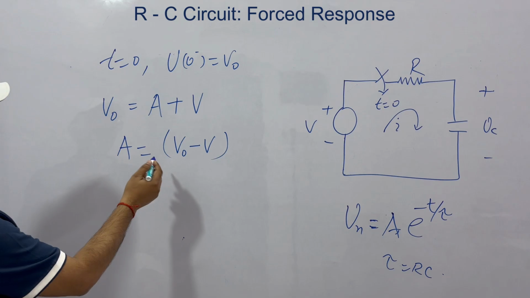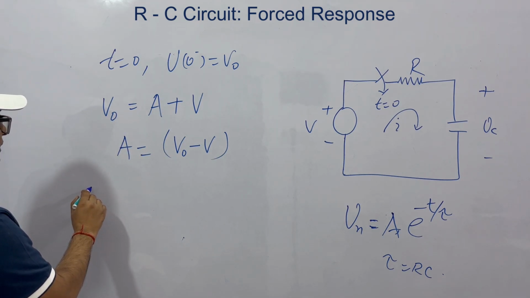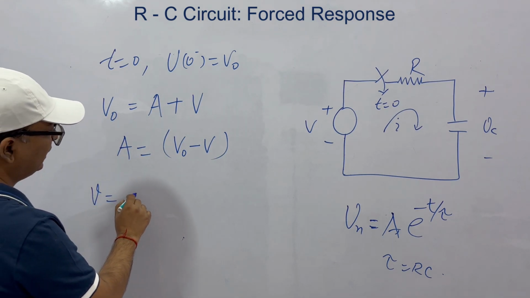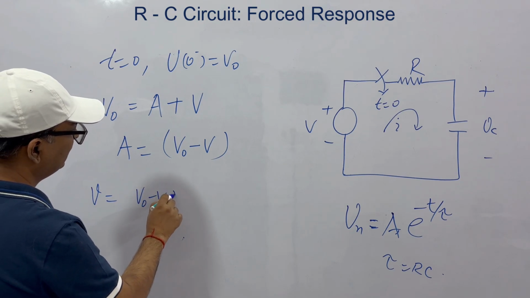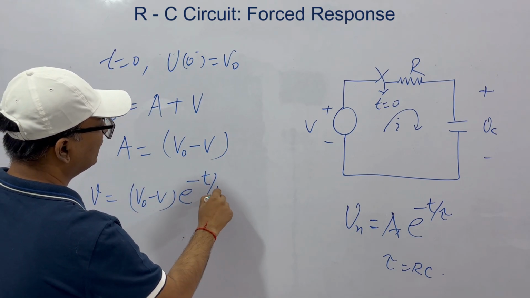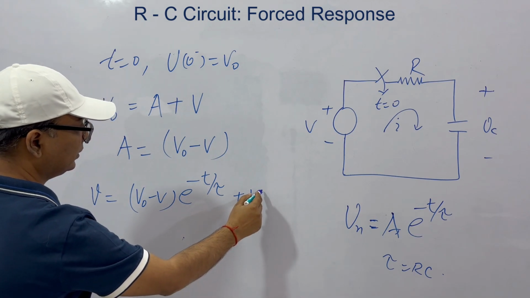So if you put it in that equation, V is given as A, that is V0 minus V, into e to the power minus t by tau, plus V.